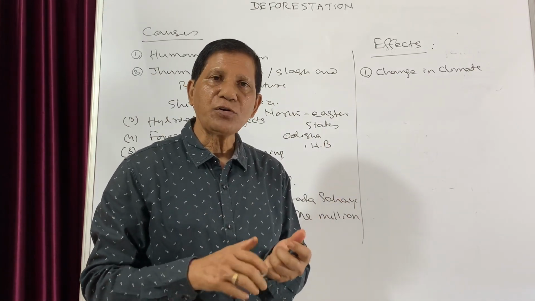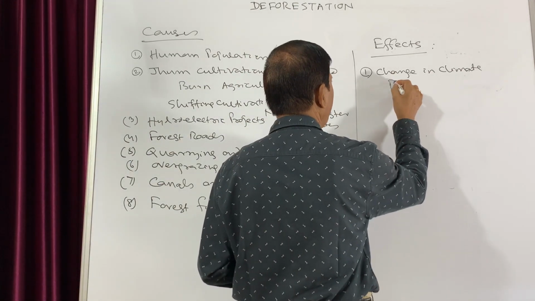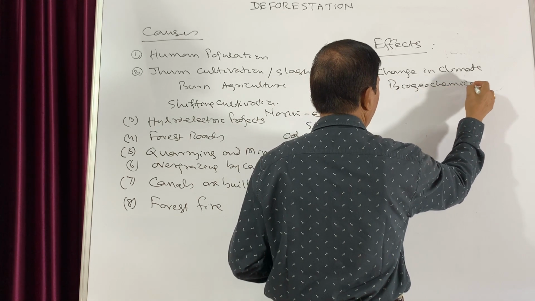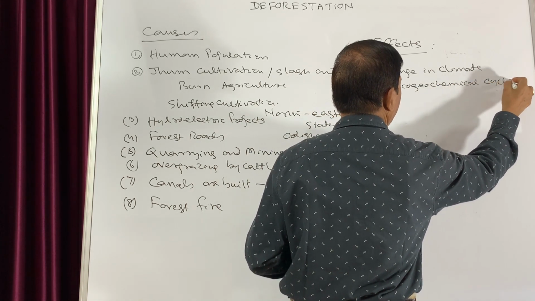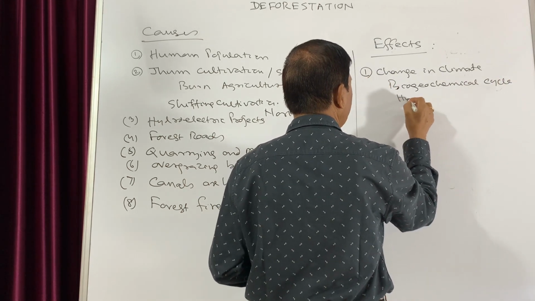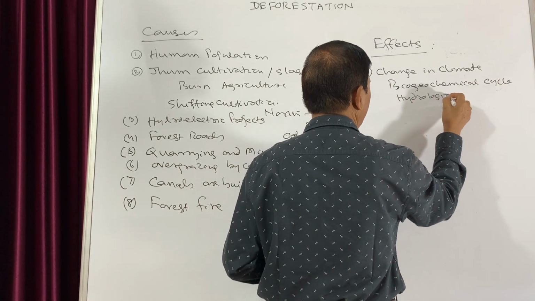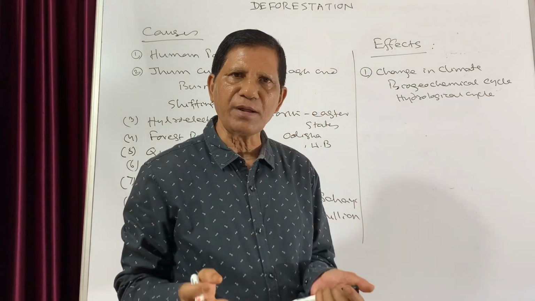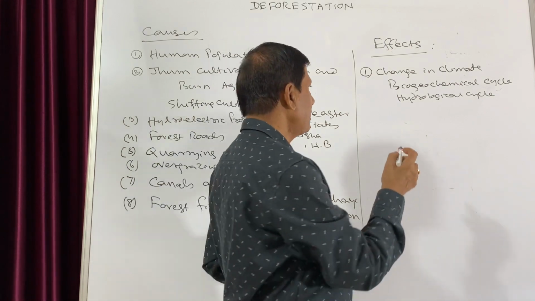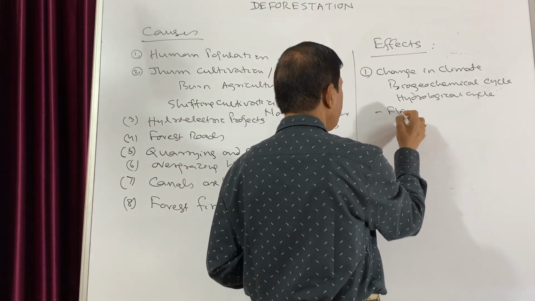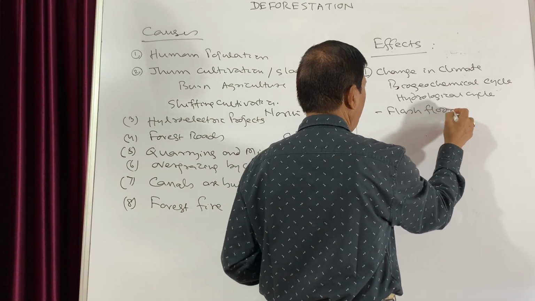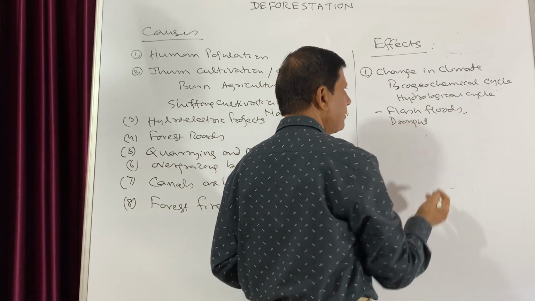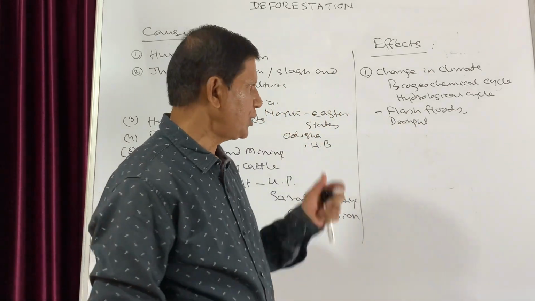The biogeochemical cycle is disturbed, and the hydrological cycle is also disturbed. As a result, there is change in the climate, and at some places there may be flash floods, whereas in other cases you will find a drought, because the climate becomes very irregular. So this is one of the points.